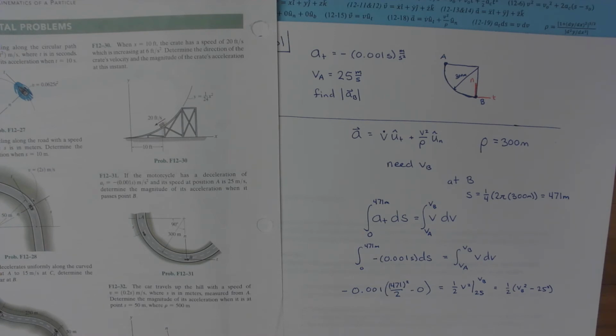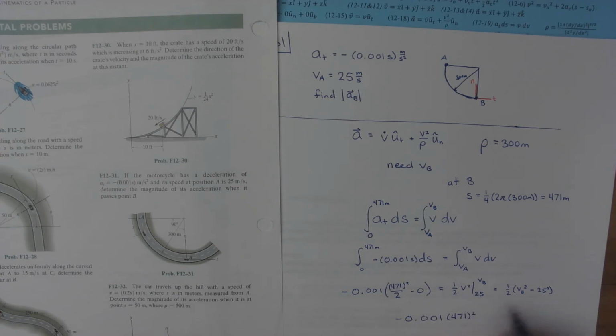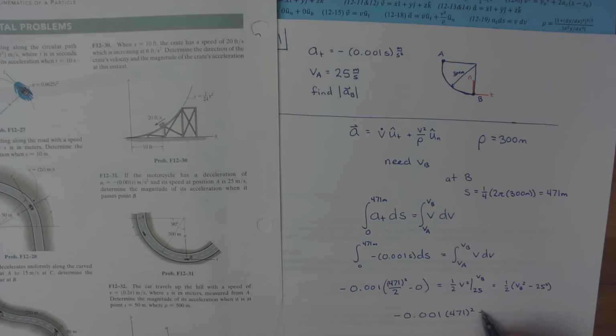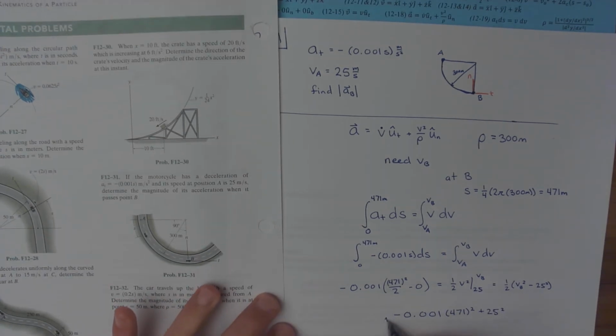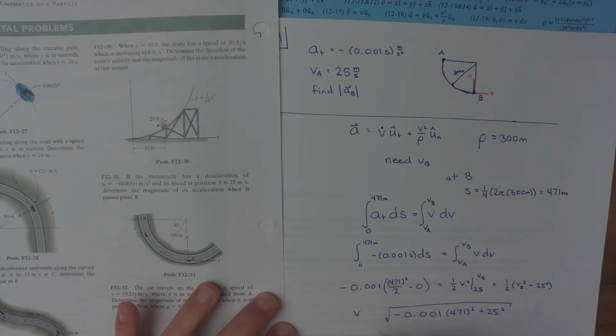So it looks like now we can solve for VB. Let's multiply both sides by 2, and we have negative 0.001 times 471 squared. So we got rid of the 1/2, and then we can bring the 25 over to the other side, so that's 25 squared. And then if we take the square root, we get VB, and we better hope that 25 squared is greater than what I have there.